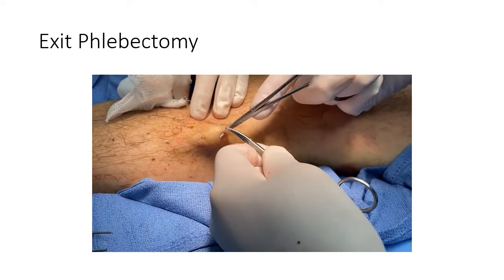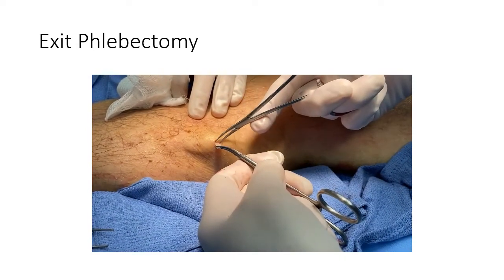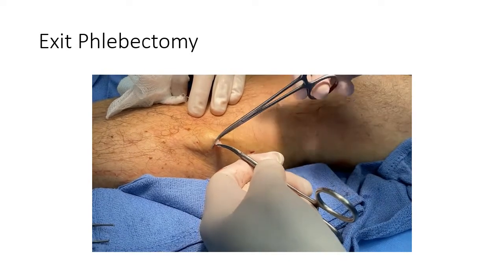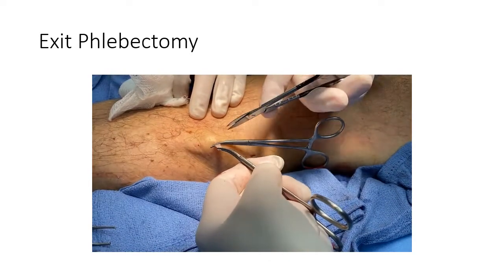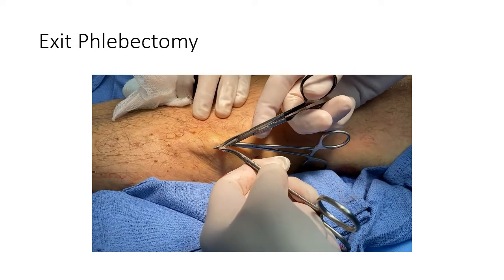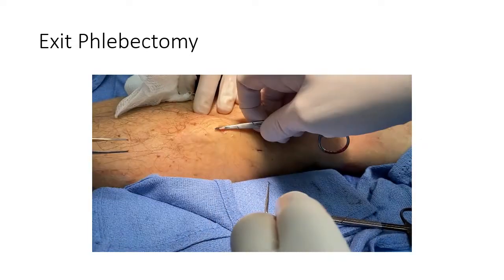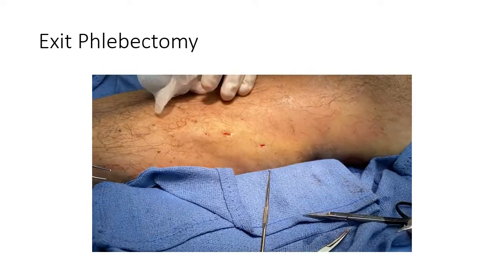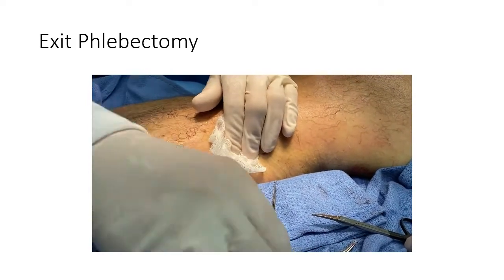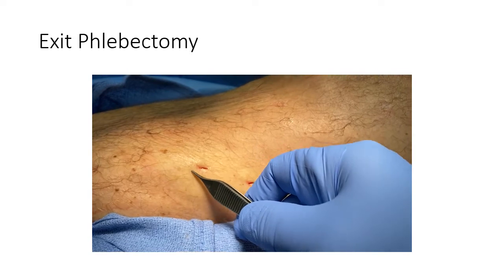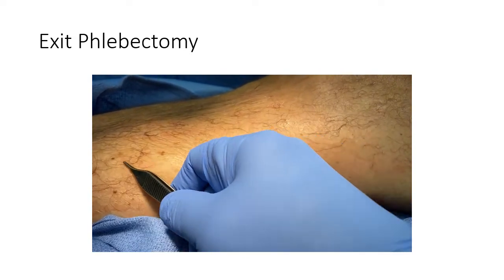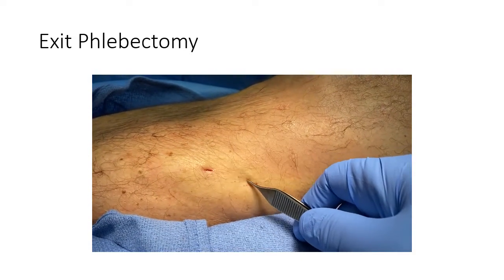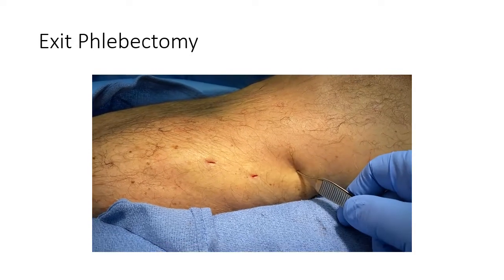This is the valve right here, the first valve. Scissors. And we just divide it. We're going to mobilize it a little bit further. And that's it. It's the exit phlebectomy. We avulse the vein, so now it's open here and open to this part where we did the ablation.